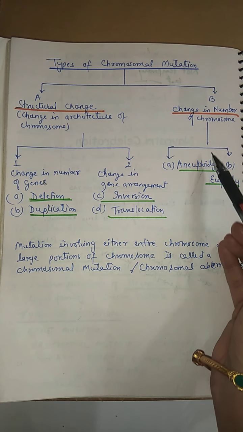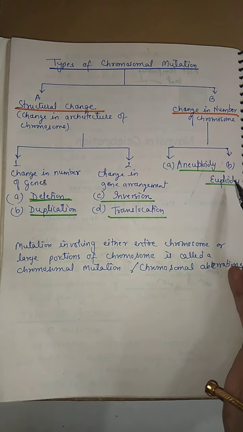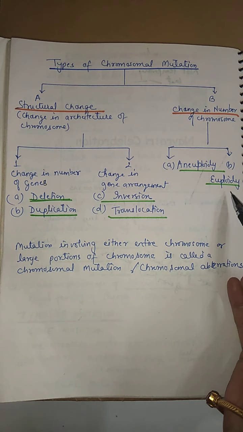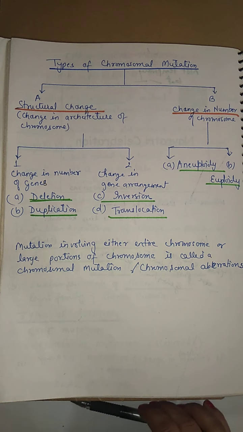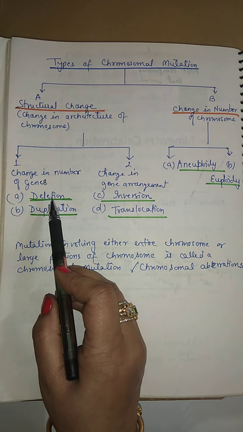The numerical change in chromosomes is again of two types, aneuploidy and euploidy. So, the mutation which involves either a whole chromosome or a portion of a chromosome is called a chromosomal mutation or a chromosomal aberration. Now, we will discuss the first topic, deletion.